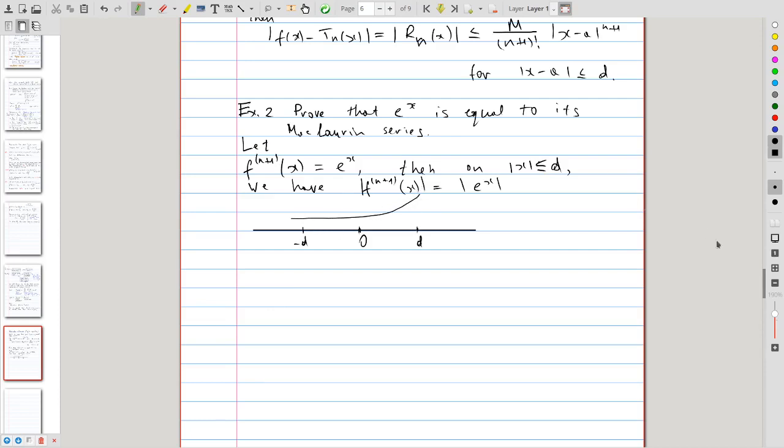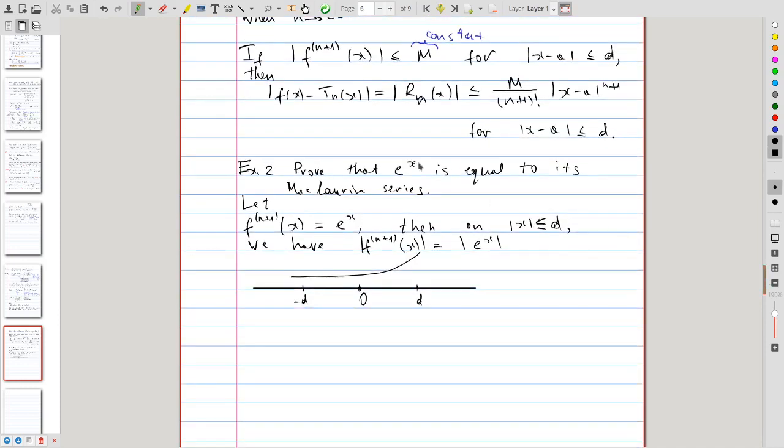So to estimate the absolute value of this n plus first derivative, as we're supposed to according to the remainder estimate, we'll just take the maximum value of e to the x on this interval, which is, of course, e to the d, right? So we have a positive function which is increasing, which means it attains its maximal value at the right endpoint of this interval, at d.